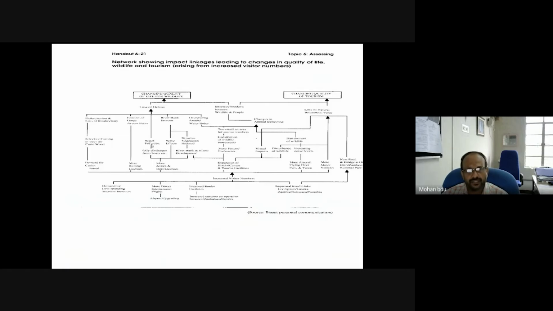Whereas in the network diagram, more information is generated, where you can see the water pollution, oily discharges from the boats, and then from the boat jetties. Like that, the secondary and tertiary impacts are also addressed in the network linkages. So this has much more of an upper edge over the matrix method.